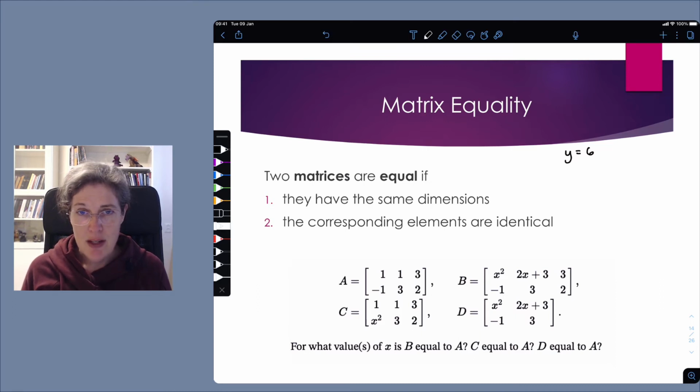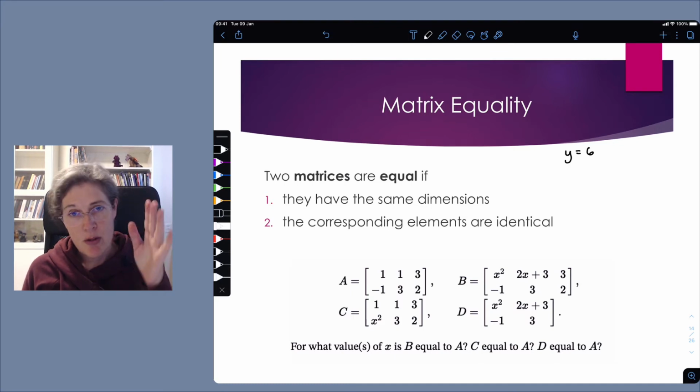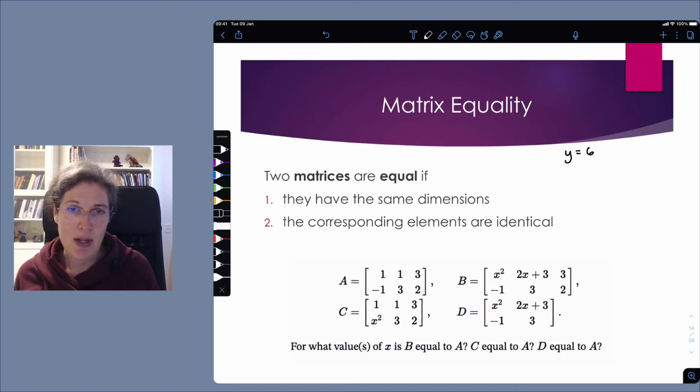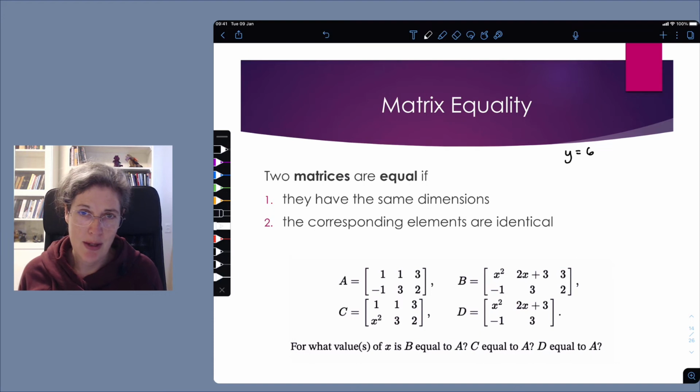Then we have to have a couple of criteria, not just one. The first thing is our two matrices have to have the same dimensions. So they have to have the same size, same number of rows and same number of columns, in that order. So it's not enough to have a 2 by 3 matrix and a 3 by 2. They both have to be 2 by 3. And then the second thing is corresponding elements have to be identical.